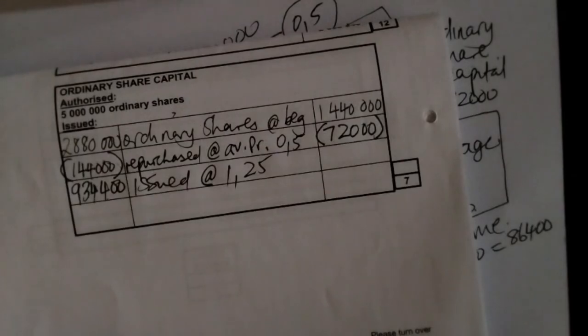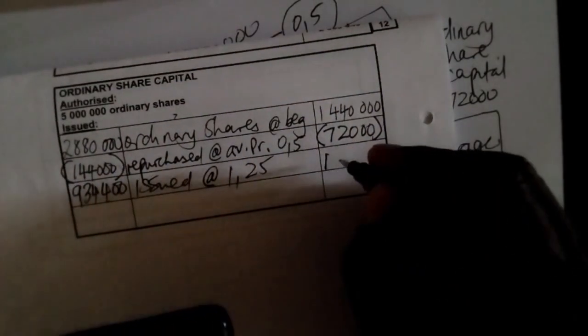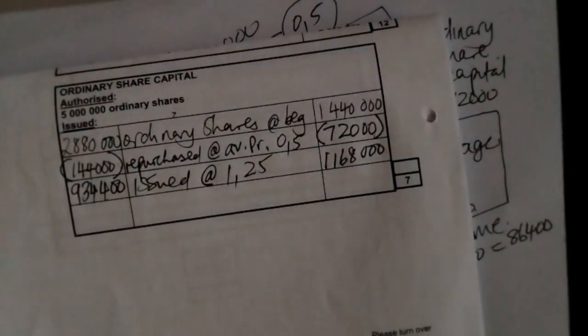So you take your calculator and you say 1.25 times 934,400, and that will give you 1,168,000. These are additional shares.